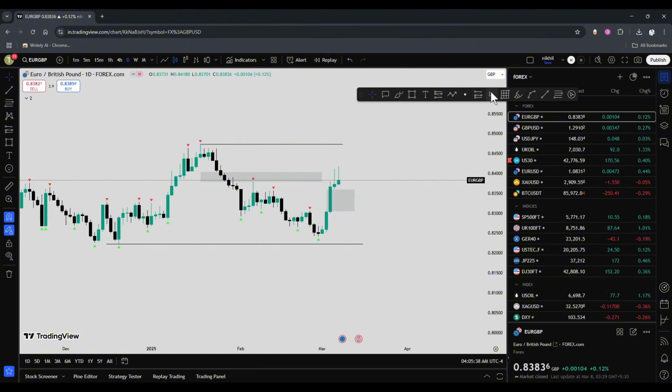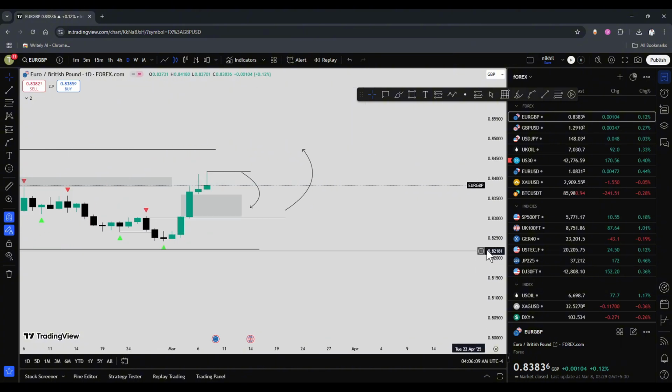So price can tap this daily fair value gap, and then we can look for our entry and target this first swing high, and the second target will be this weekly high. Also we have a good change of state in delivery as well as a liquidity sweep, so this area might be strong for us to trade.